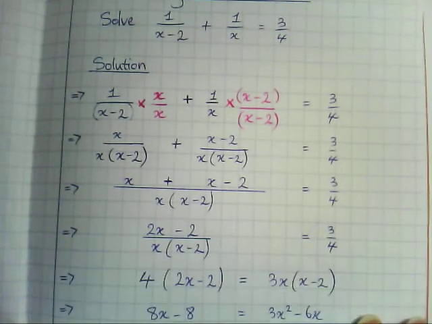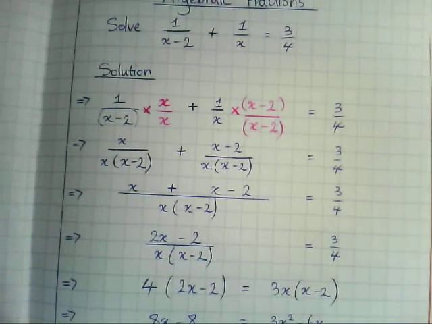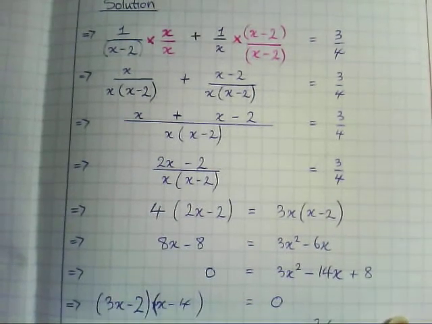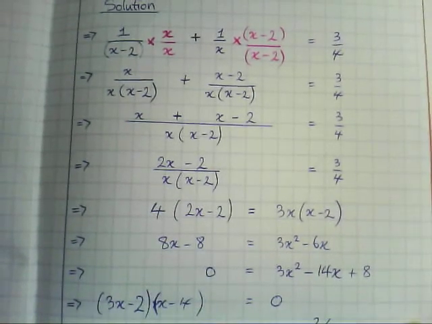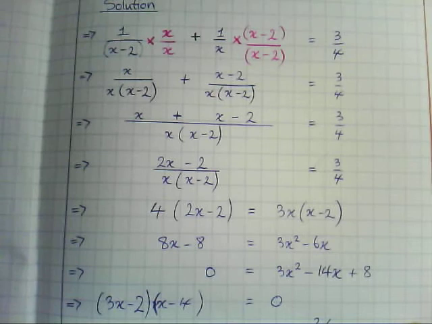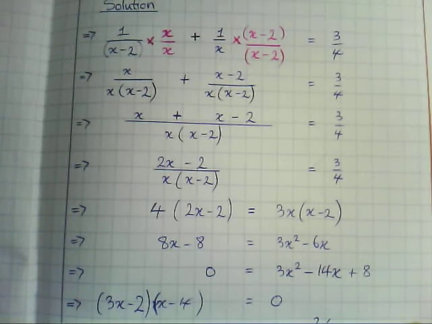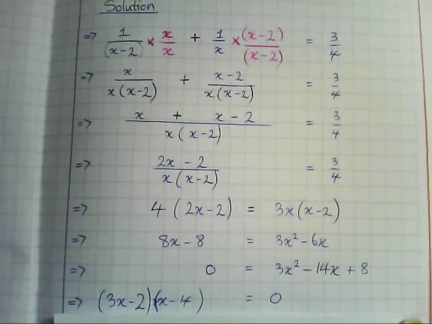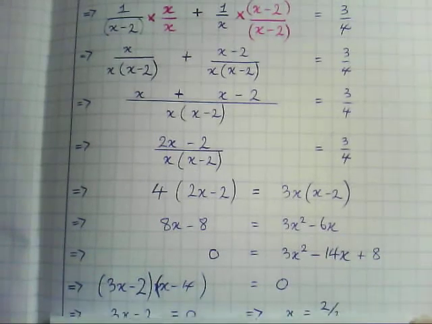Now that we have factorized that quadratic equation, we know that either 3x minus 2 must equal 0 or x minus 4 must equal 0. So when we try to solve those two equations, we end up with something which looks like this.